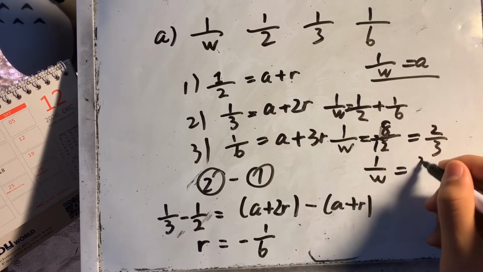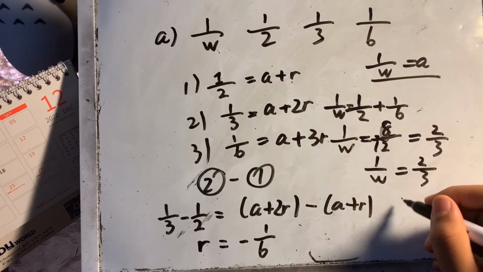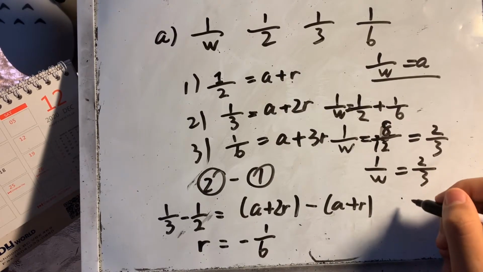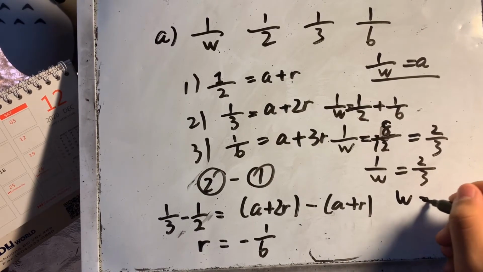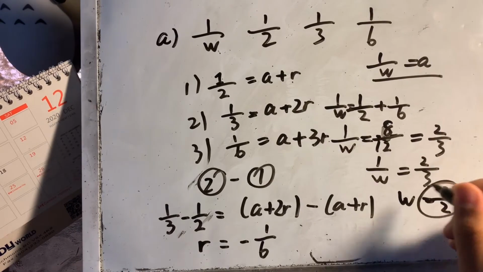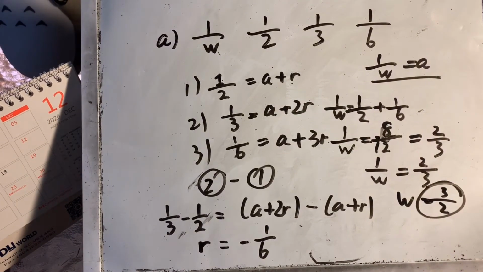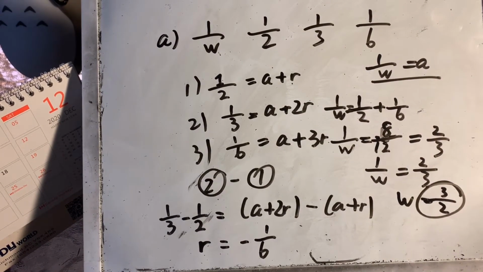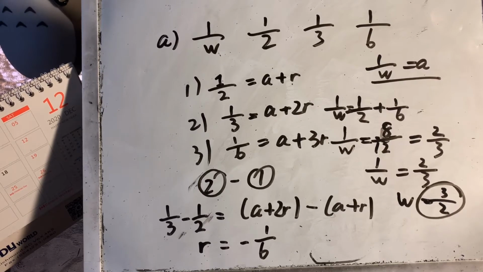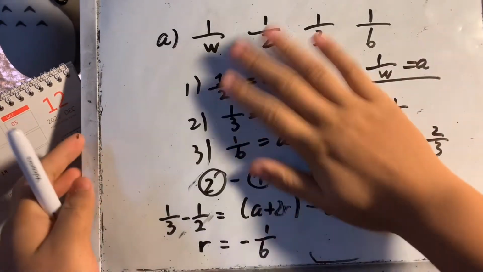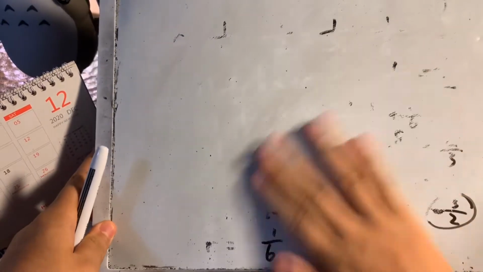And this is equal to this. So we can get W is equal to this. Nice. Based on my checking, I get problem 1 right.